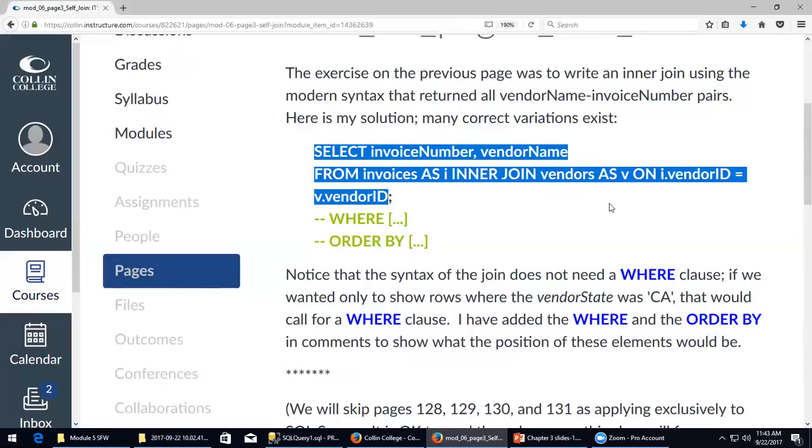But if I have two tables, both tables use the field name, N-A-M-E, bad practice. Then if I want to see name, I have to specify which table I want to see it from.